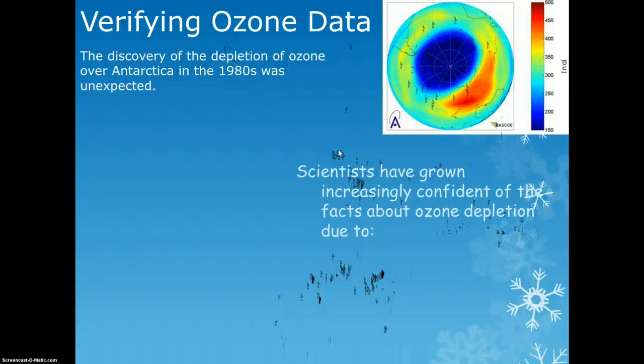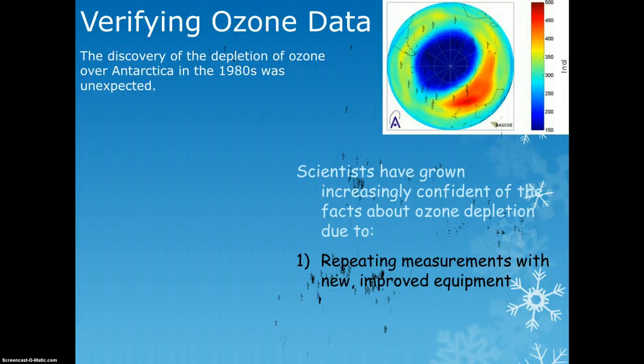It was a little bit controversial, so they had to do a lot more research into it, and they became more confident in their statement that there was a problem with the ozone layer because they did repeated measurements and they continued using new and better equipment, which is how they became more sure that there is this depletion in the ozone layer. And the next thing that also happened was that the results were repeated by other scientists.